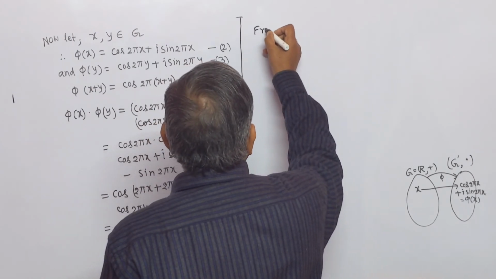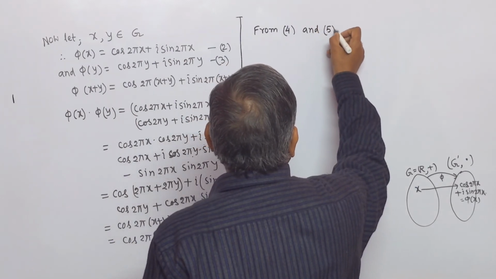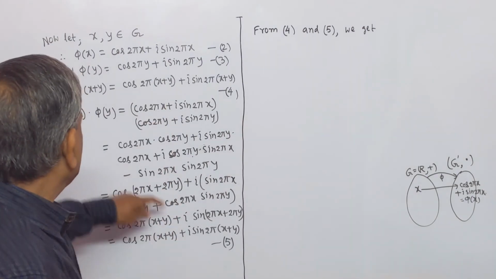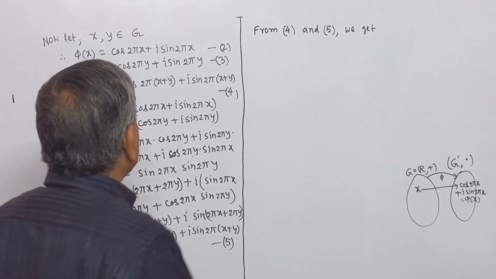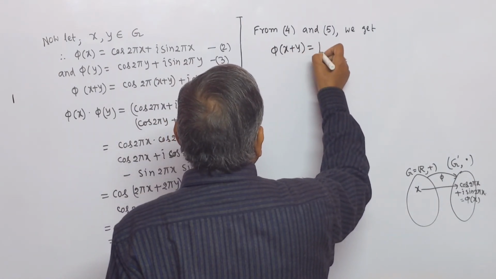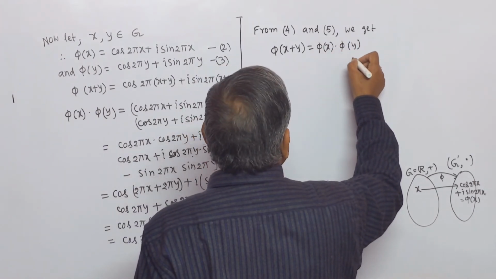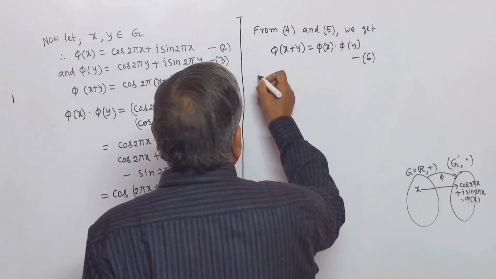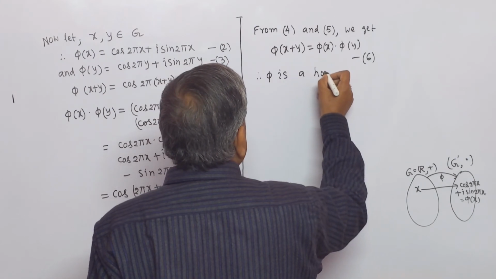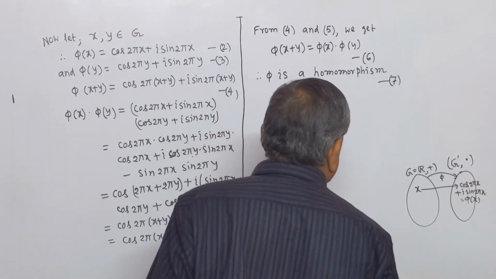From 4 and 5 we get, right side same, therefore left side be same. Phi x plus y equal to phi x multiply phi y. This is number 6. Therefore phi is a homomorphism. This is number 7.